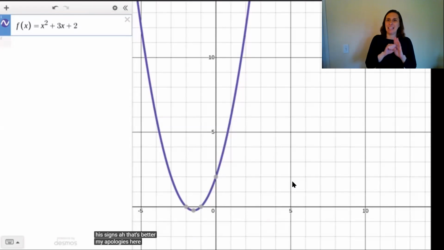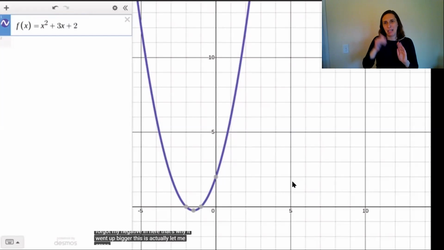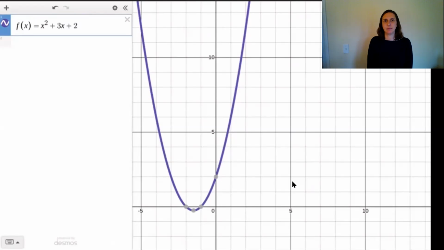My apologies here. If I put this -3/2 back into the calculator for both of these terms, I forgot my negative in here. That's why it went up bigger. Let me erase that. Many apologies for that.